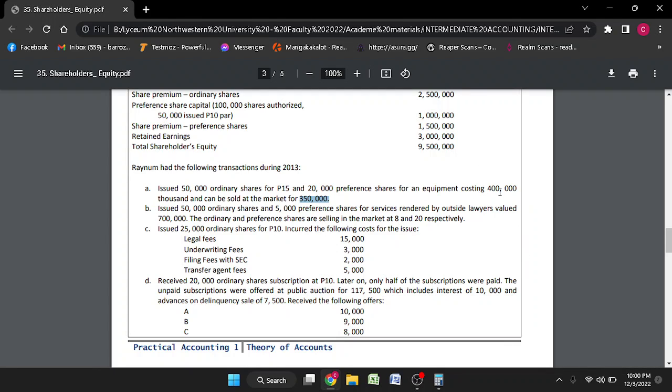The 400 is a book value, and the 350 is the market value, so we could say that it is the fair value of the asset that we are to receive for issuing the preference shares of 20,000.